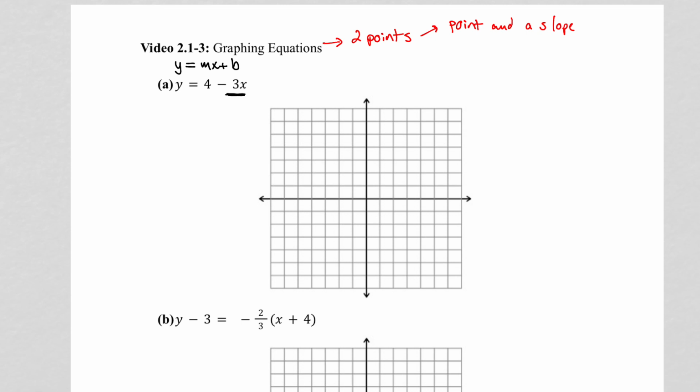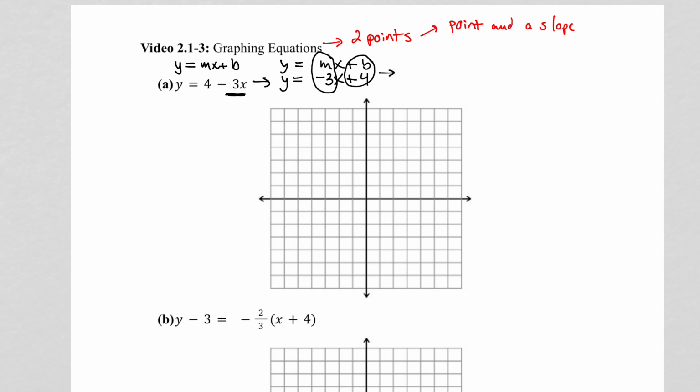Well, I could just rewrite this as y equals negative 3x plus 4, taking care that the sign in front of each term comes with that term when I rearrange it, so the 3x is negative, the 4 is positive. Now you can see that these terms match up. My slope is negative 3, and my y-intercept is positive 4.